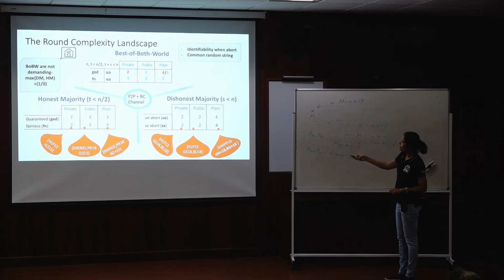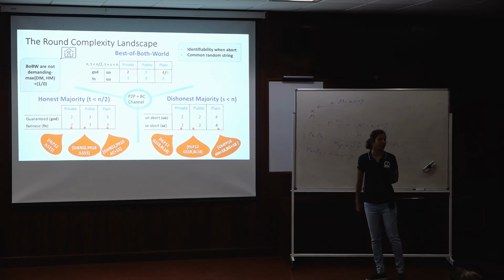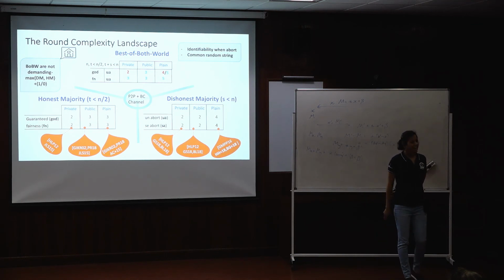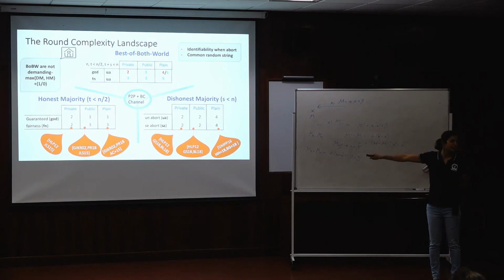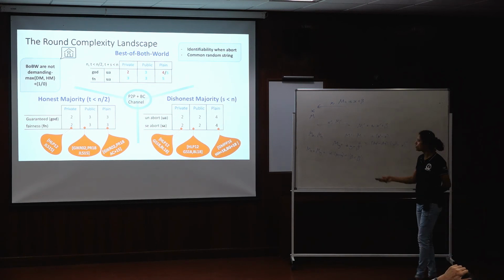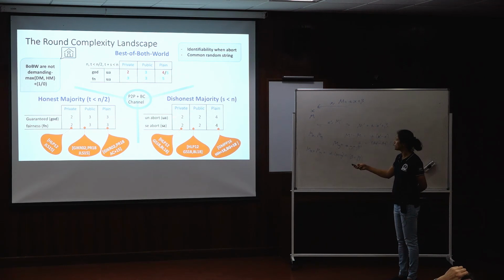If you look at these two tables, you will see that the round requirement of the best of both worlds category is just one more than the requirement in the dishonest majority setting. And actually the upper bound that I have shown, the protocol that I have discussed, is the upper bound for this case. So we start with a dishonest majority protocol, and then we need another round and we get a best of both worlds protocol. Since you have a dishonest majority protocol satisfying these many rounds, we can simply plug it in.